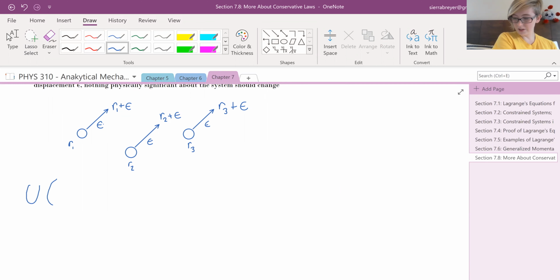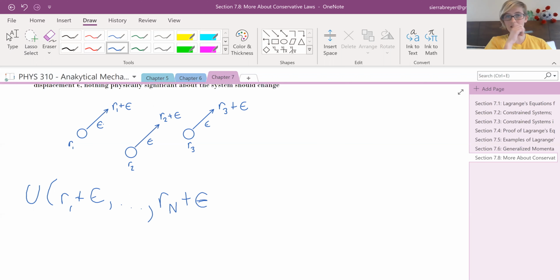So the potential energy goes like this. Since the potential energy is a function of where they are in space, their placement, we end up with something that looks like this. Now we're going to assume that we have infinitely many, even though I only drew three because I am not going to draw infinite R's.